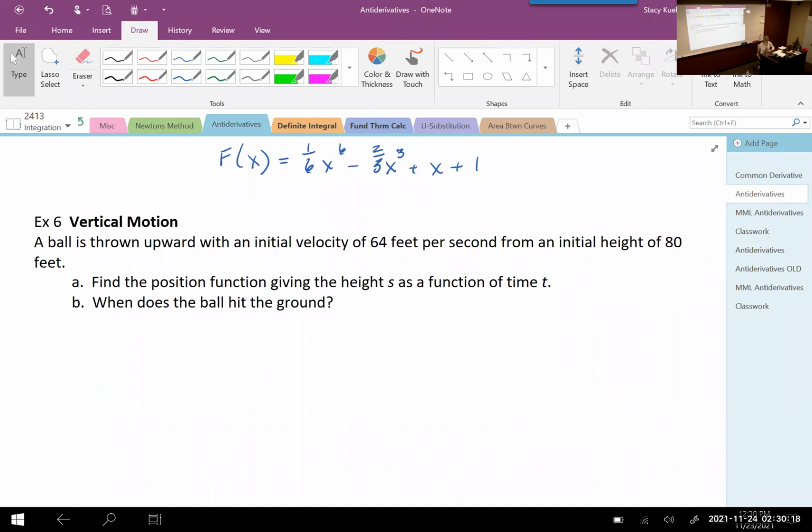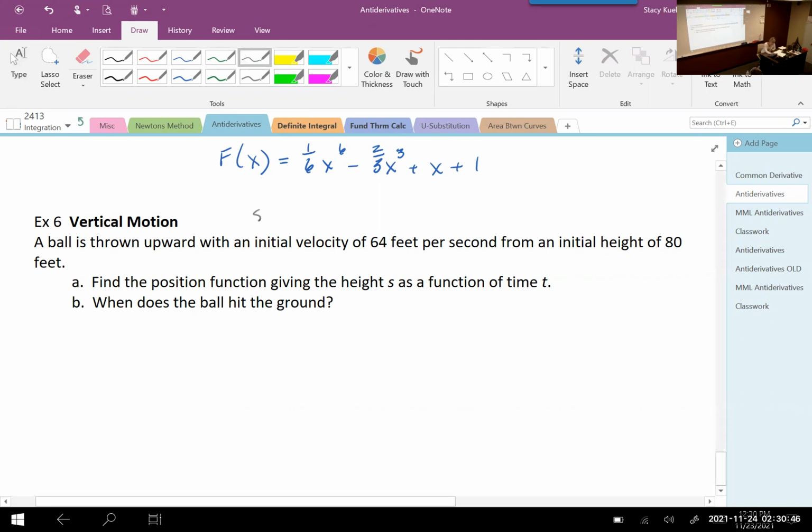A ball is thrown upward with an initial velocity of 64 feet per second and an initial height of 80 feet. We want to find the position function, giving the height s as a function of time, and when does the ball hit the ground. So a couple of things. Remember how our position and velocity and acceleration functions were all related, right?